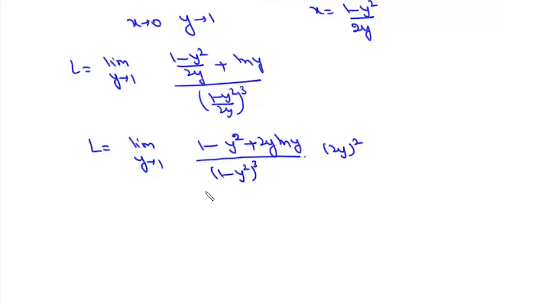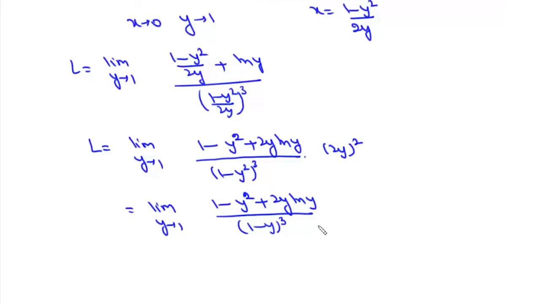Now we can write 1 minus y square as 1 plus y and 1 minus y. So we write this as limit y tends to 1, 1 minus y square plus 2y log y upon 1 minus y cube and 1 plus y cube, and here will be this 2y square.